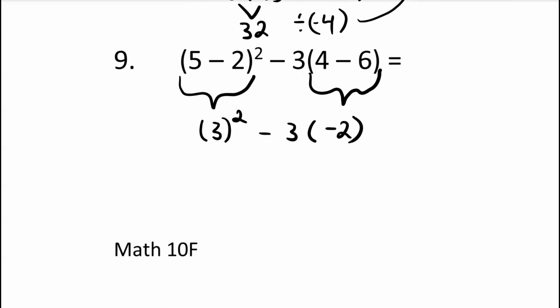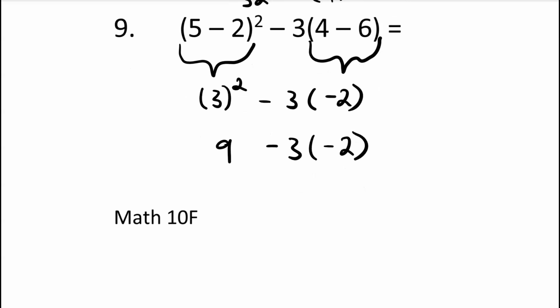Next thing that we want to look for after the brackets is our exponents. Well, we have an exponent of 2 on the first 3, so we have 3 squared. 3 squared gives us 9. Subtract 3 multiplied by negative 2. Next, we're looking for division. We don't have any division. Then we look for multiplication.